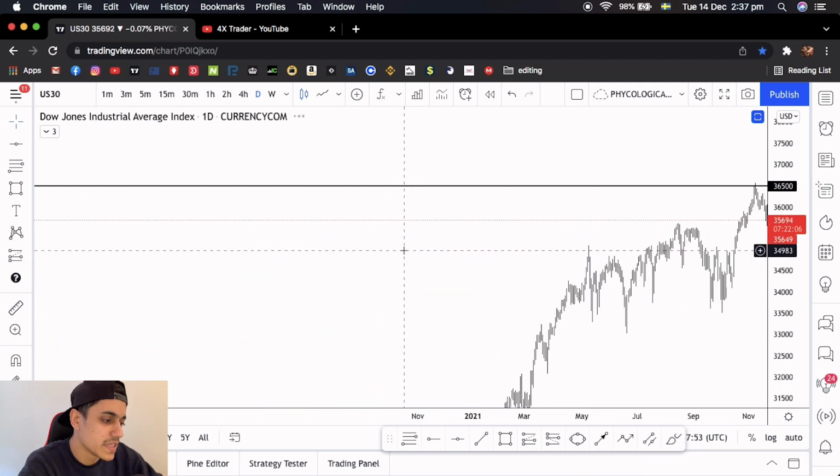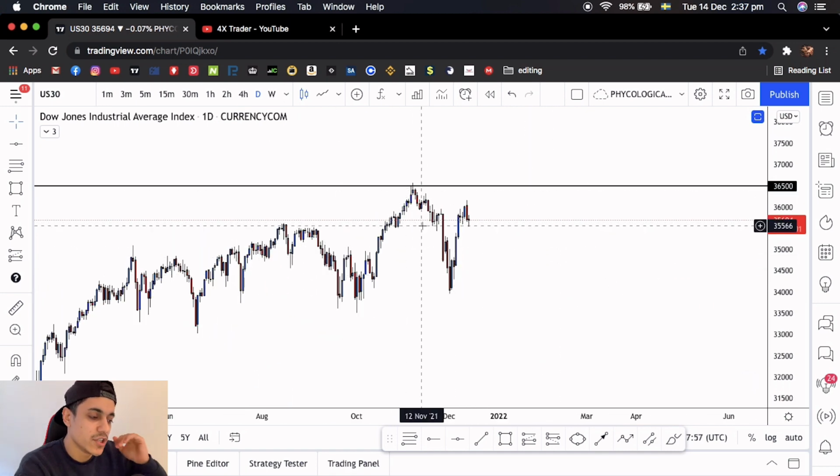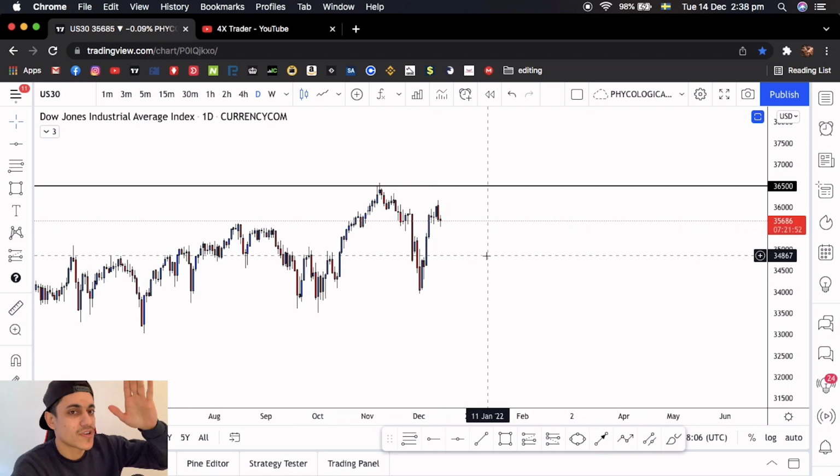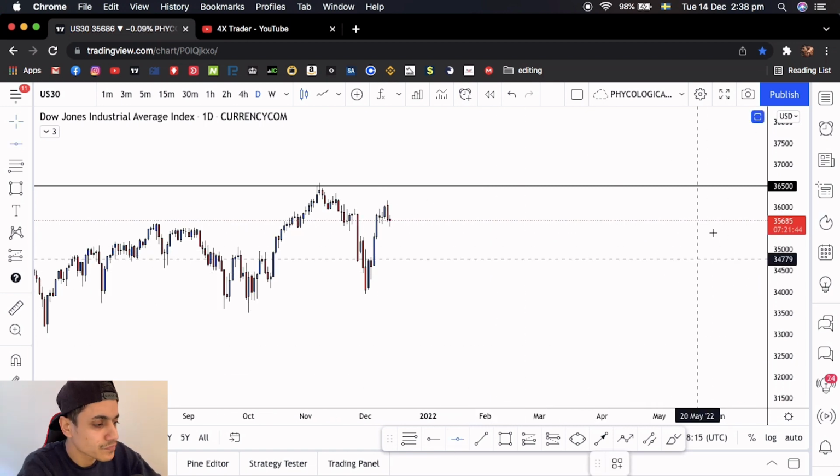Whenever it reaches a new psychological number, a straight round number and a new high, it's most likely going to reverse, right? It can't just go straight up, the market has to move in market structure and all that stuff together.